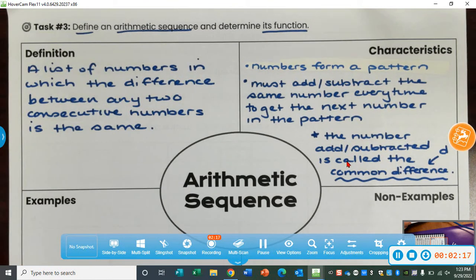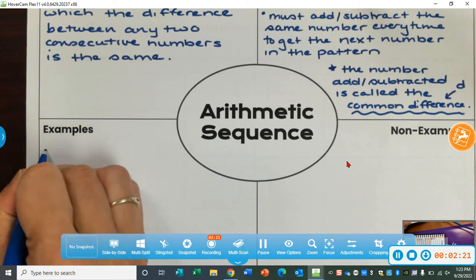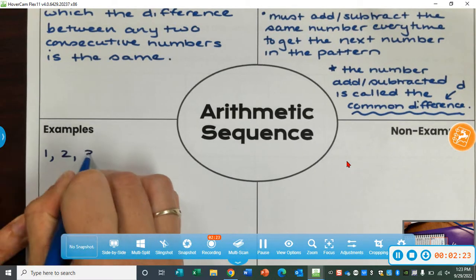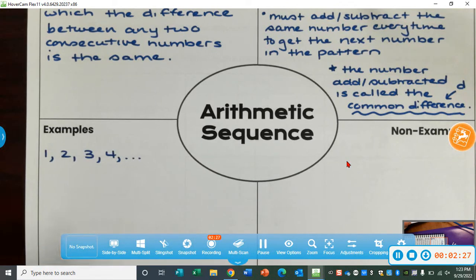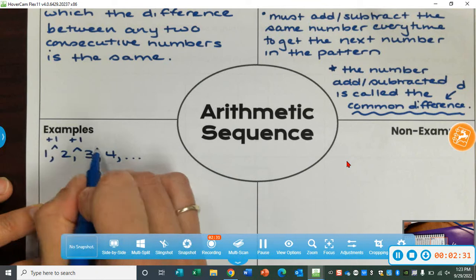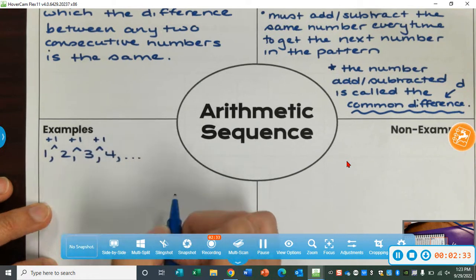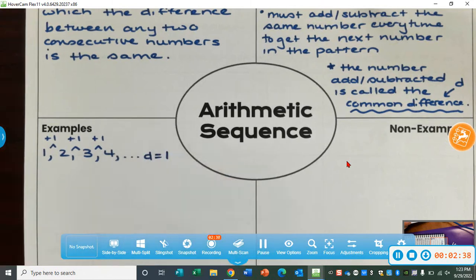So some examples would be, let's start with an easy one. 1, 2, 3, 4. To get from 1 to 2, we have to add 1. 2 to 3, we add 1. 3 to 4, we add 1. So it looks like the common difference here is 1.